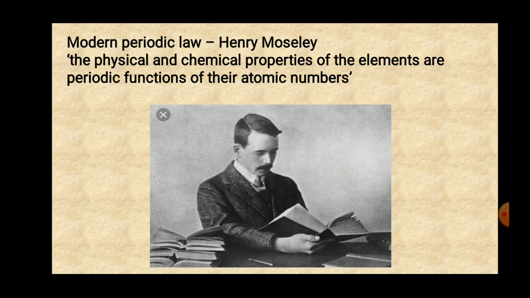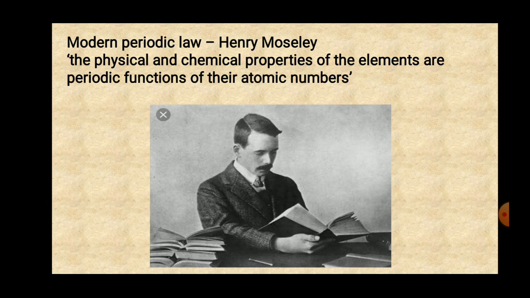The next is Henry Moseley. He explained the modern periodic law, based on the increasing order of atomic number. The modern periodic law says the physical and chemical properties of the elements are periodic functions of their atomic numbers. He introduced a new concept called atomic number. From Dobereiner up to Mendeleev, they explained the arrangement of elements based on atomic weight or atomic mass.